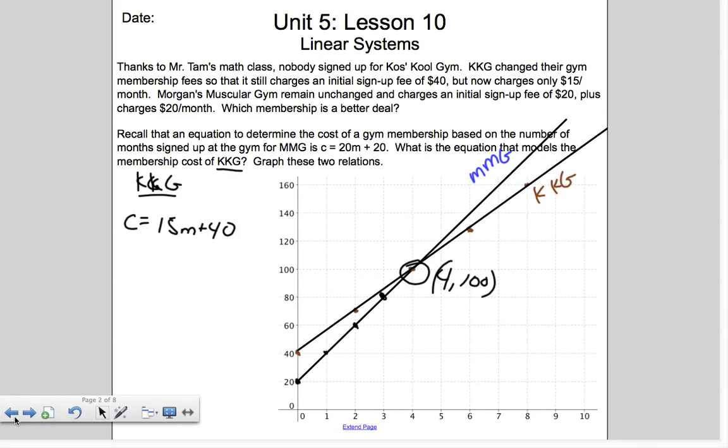What does this point of intersection actually mean? Well, in general, but here you can use this example to help that generalization. What does it mean conceptually when these 2 lines cross at this point?